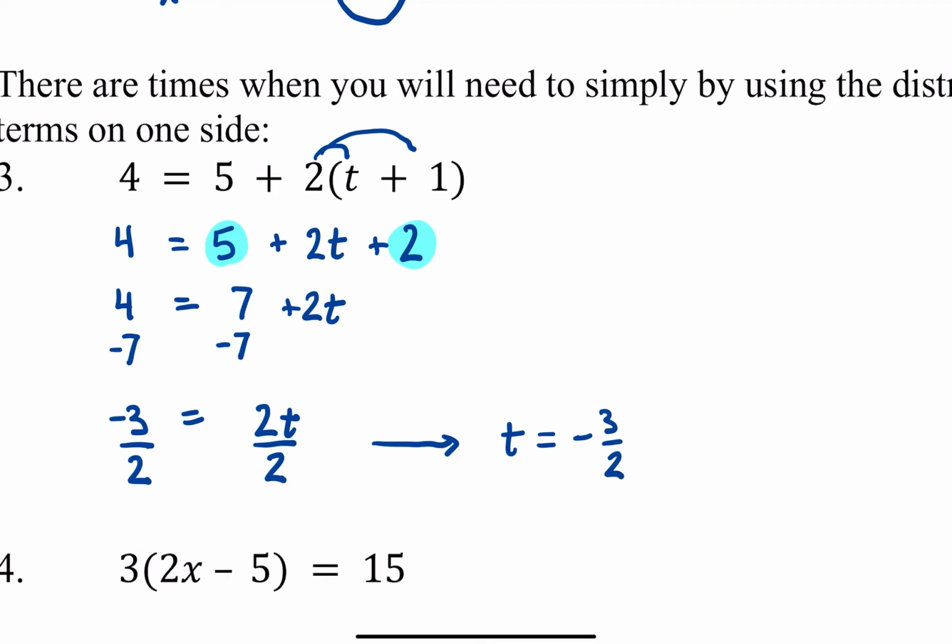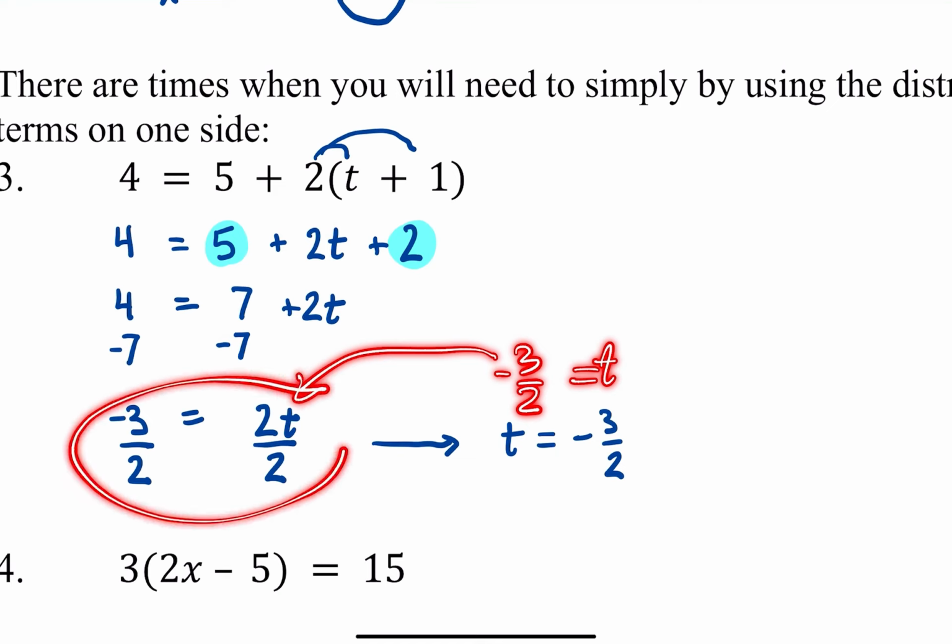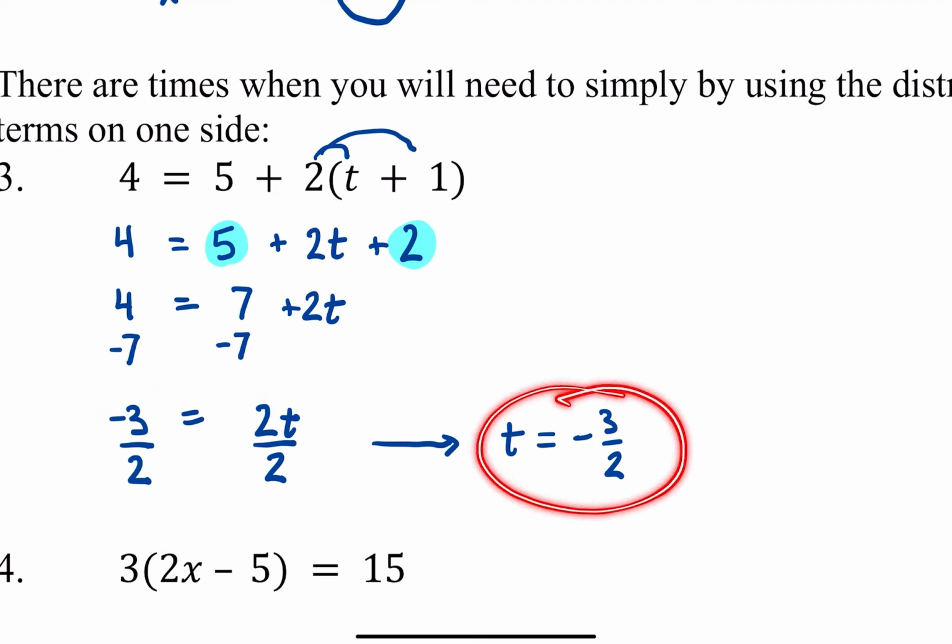And again, we can leave that as an improper fraction. Technically we would have had minus 3 over 2 equal to t if we had kept the same pattern, but we didn't mirror it. Equations are true or can be read either way, so we are fine just turning it around.